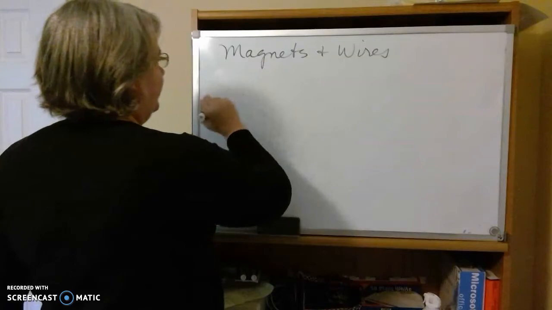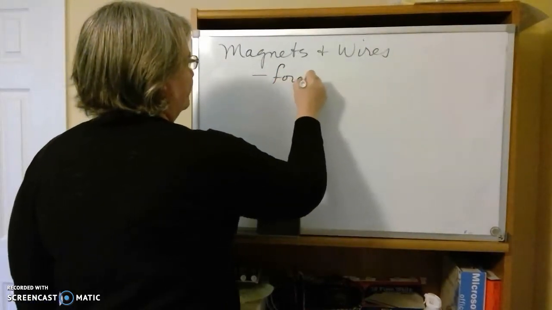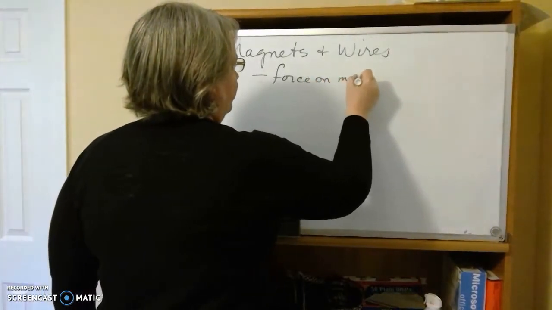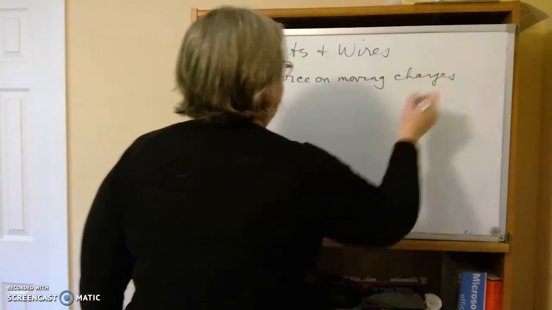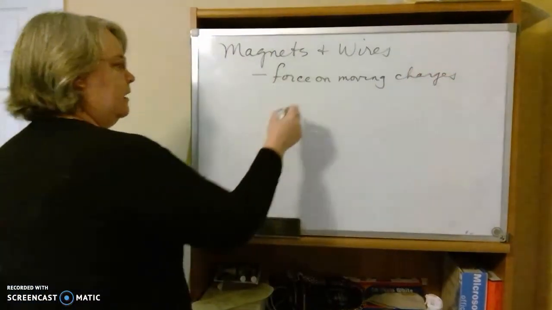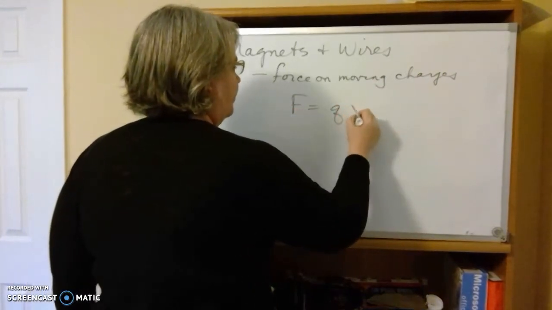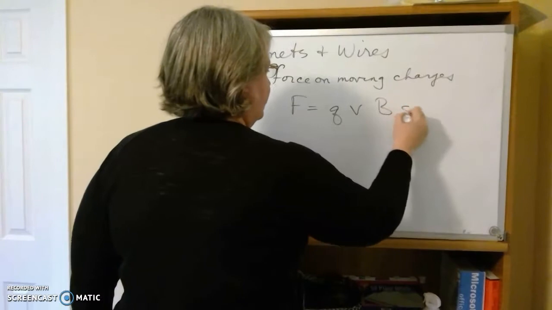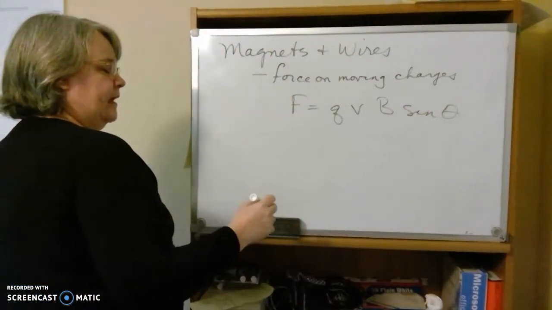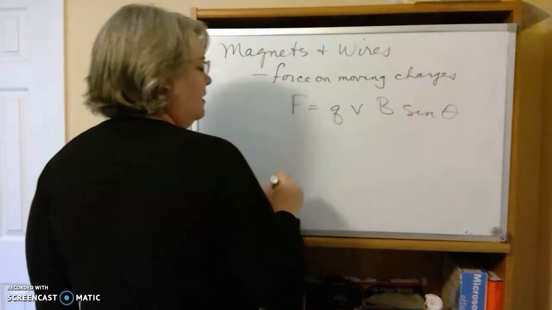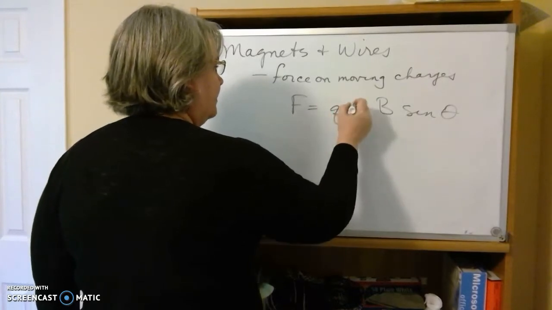So when we talked about the force on moving charges, we had F equals Q V B sine theta. Okay, and V is actually distance over time, right?